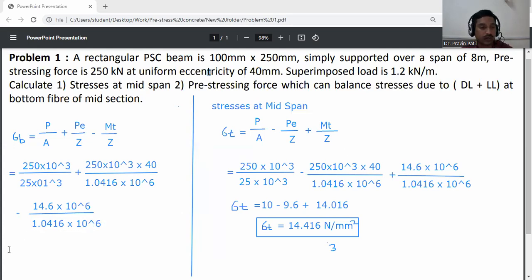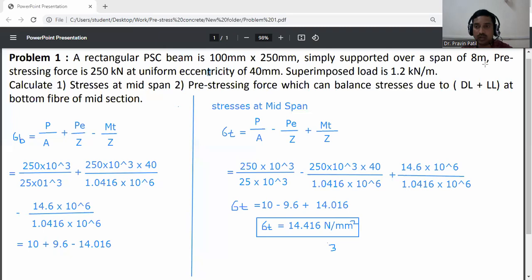Sigma B is equal to, so P by A first it will be 10, then plus 9.6, then minus 14.016. From this relation we get the bending stress at the bottom.